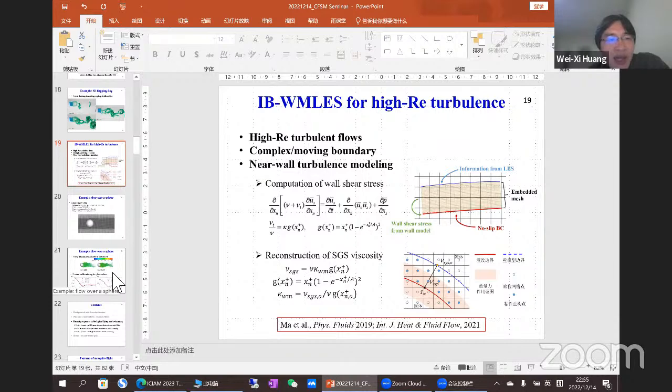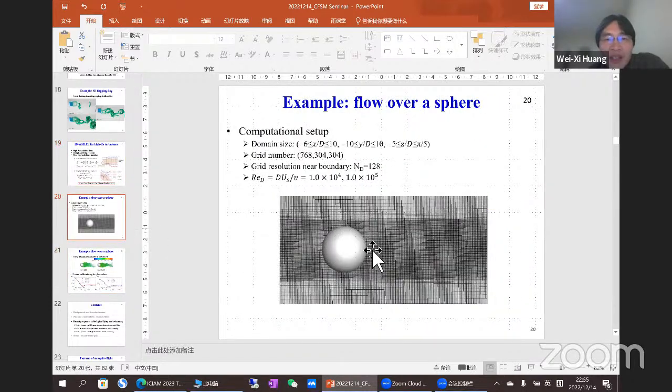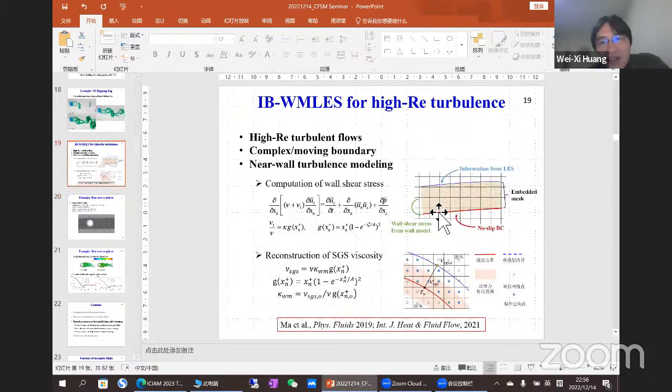So this is a kind of hybrid approach. Very close to the surface, we don't resolve the fine structures. We want to capture the correct shear stress, but because at a very high Reynolds number this is a very thin layer, if we wanted to resolve it, maybe 99% of the mesh would need to be used here.